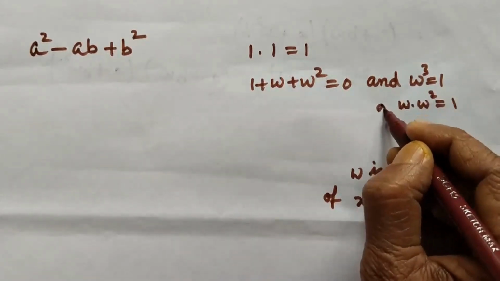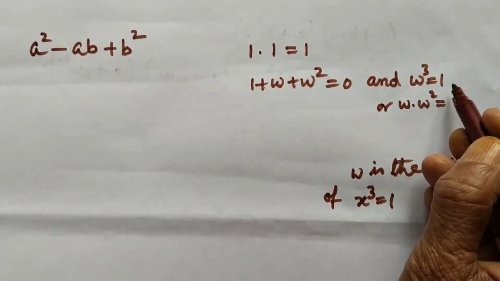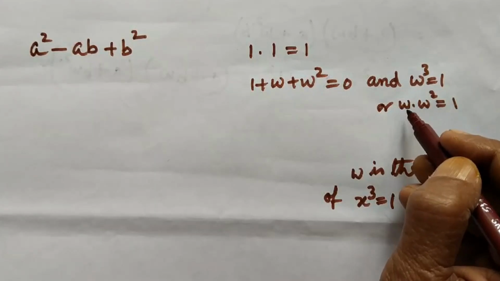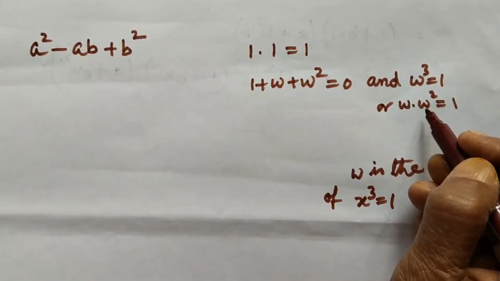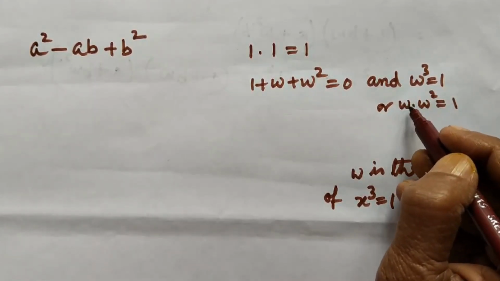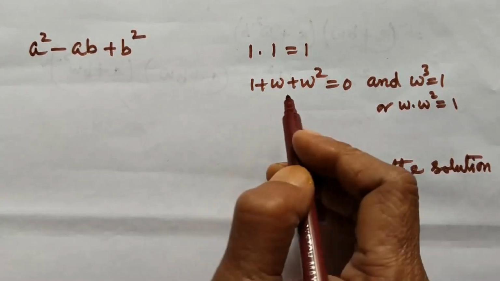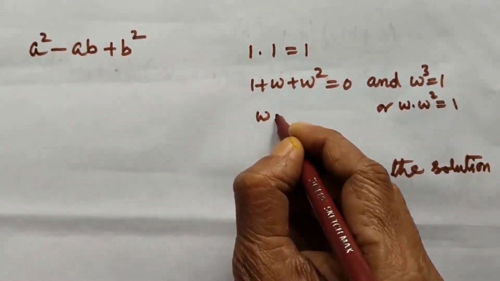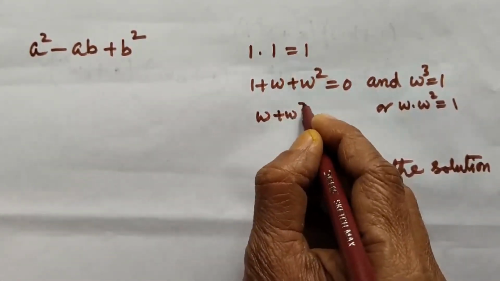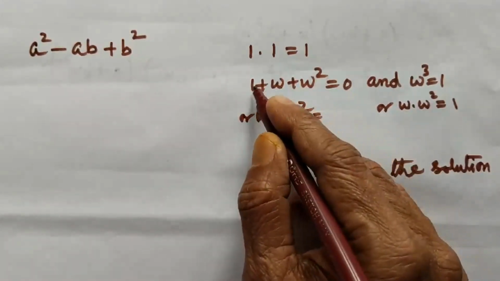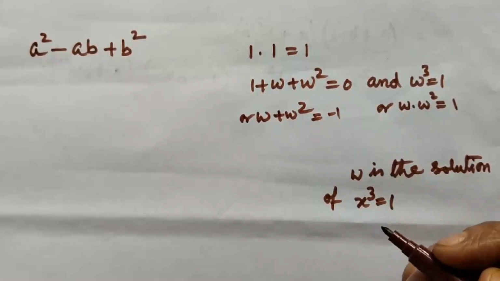That means omega cube, or 1, is decomposed into two numbers in the complex field, omega into omega square. If the sum omega plus omega square is equal to minus 1, then it is factorizable. So here is the other formula: omega plus omega square, from this formula, transposing 1 to the right, is equal to minus 1.